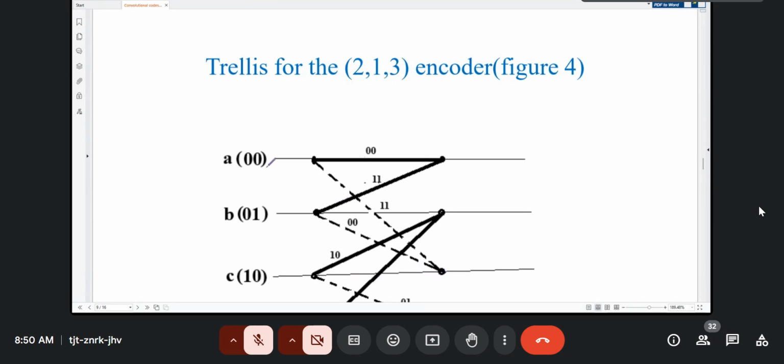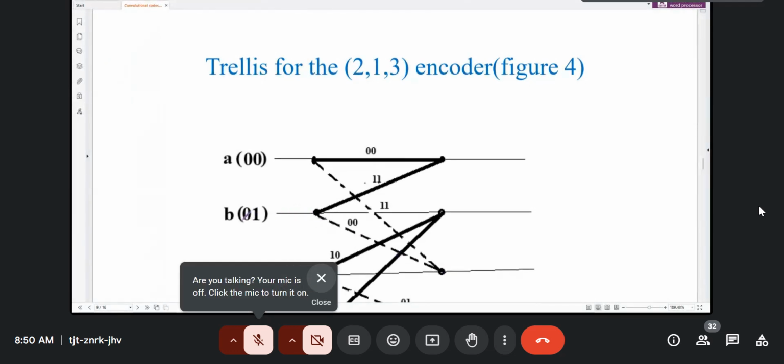So these are the 2 possibilities. If you are in state 0, 0, you can either end up in state 0, 0 if the input is a 0, or if it is a 1, you can end up in state 1, 0.